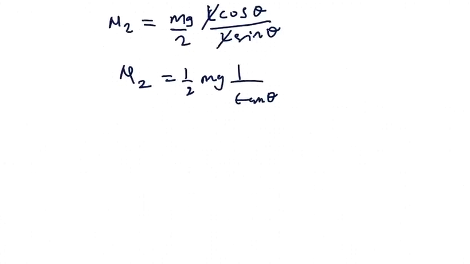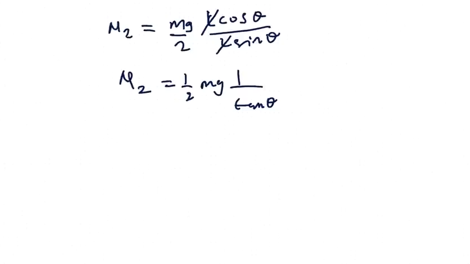So let's simplify. For the ladder not to slide, we have that n2 must be less than or equal to the frictional force, Ff.